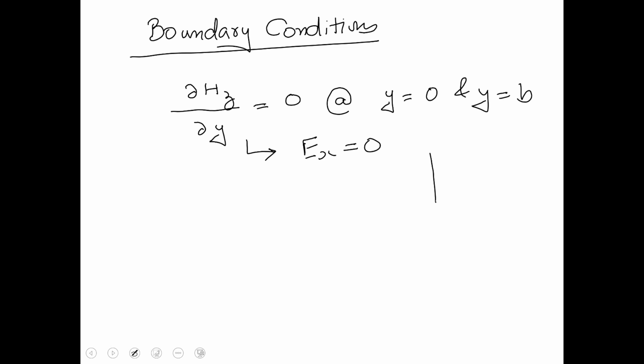And remember, I have a rectangular waveguide. My Ex is in this direction, and Ex has to be 0 here and up there.